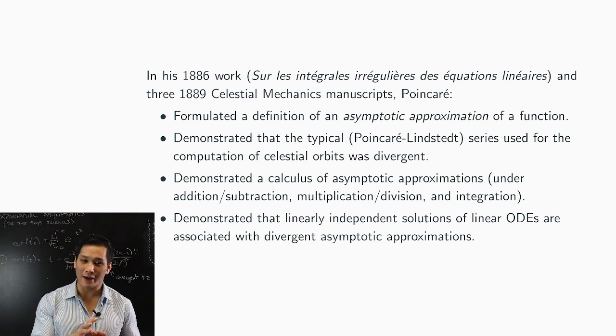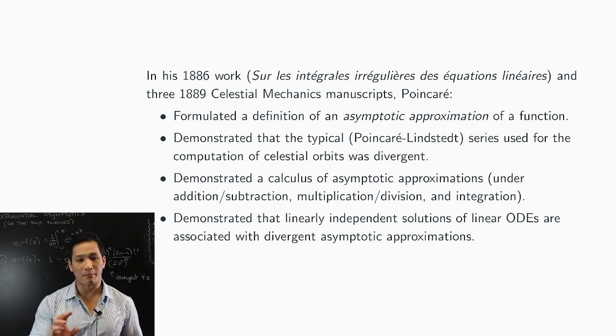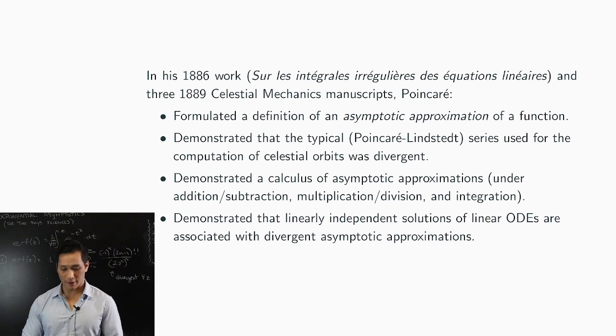And we encountered an example of that in the crystal growth problem. We happily developed an asymptotic approximation, only later to be told, well, actually, there is no solution to that problem. And so what Poincaré demonstrated is that in the case of these linear problems, if there are linearly independent solutions of the problems, then the approximations that you develop must be asymptotic approximations of those solutions.